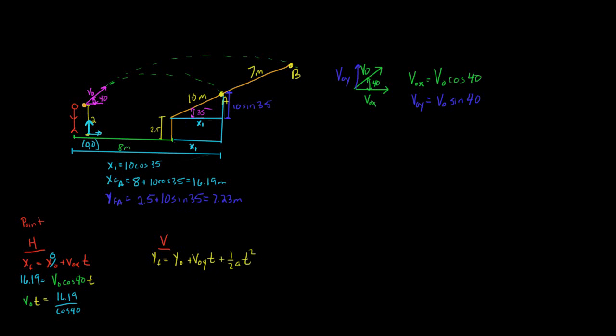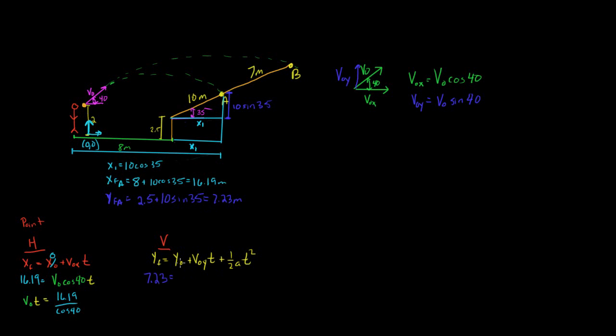Well, what do we have here? We have v naught, which we can substitute in, and we're going to have a time. So if we start to substitute in our known values, our final y position is up here, and it's 7.23.